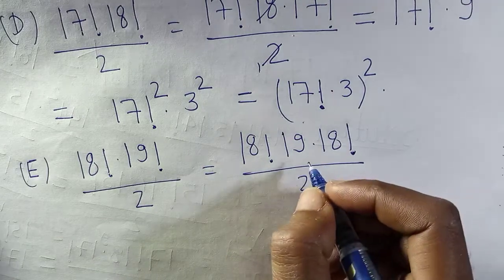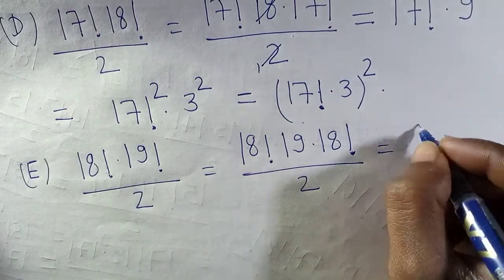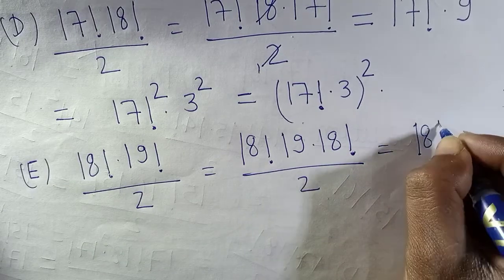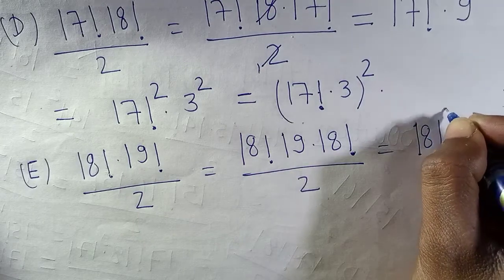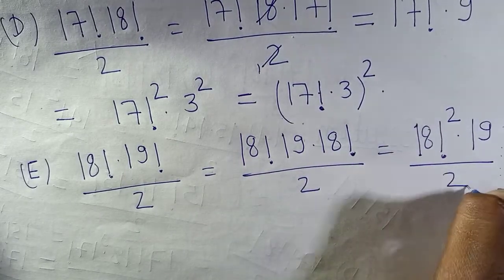And we can see that 19 is not divisible by 2, so it will be equal to factorial 18 squared times 19 all over 2.